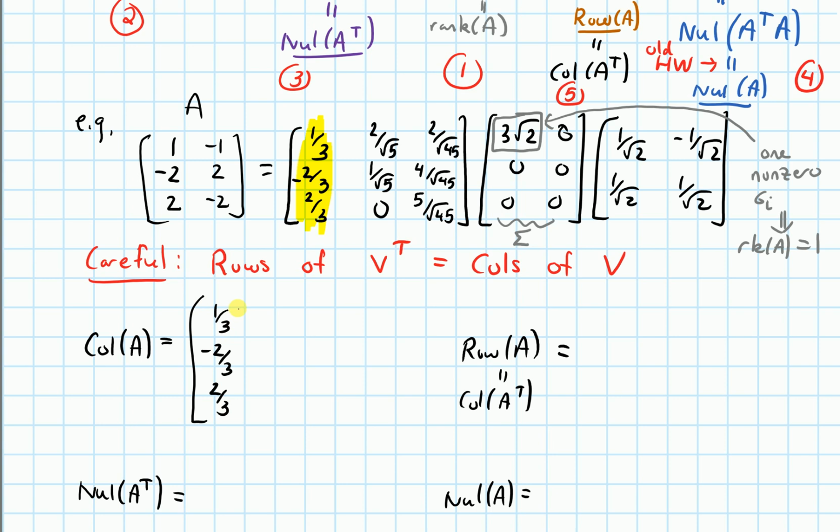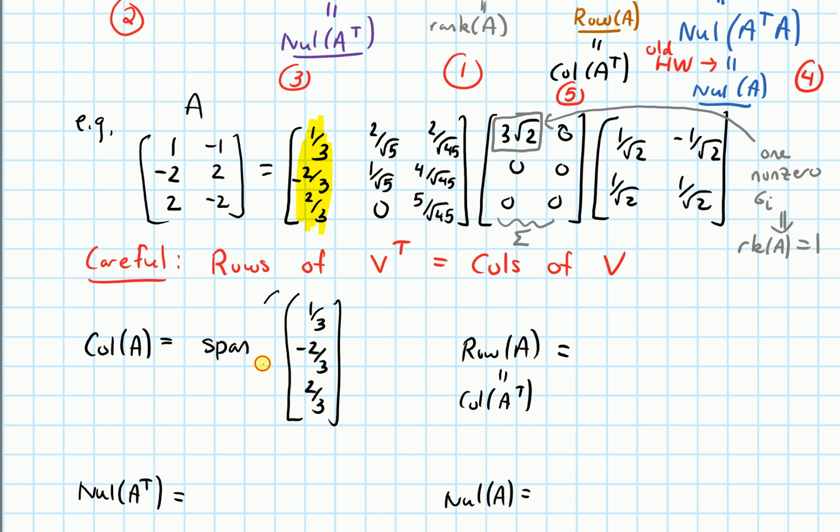That is forming a basis for the column space of A. So the column space of A is the span of this vector. Let's also highlight this in yellow so I can remember later what it corresponded to in my matrix here.